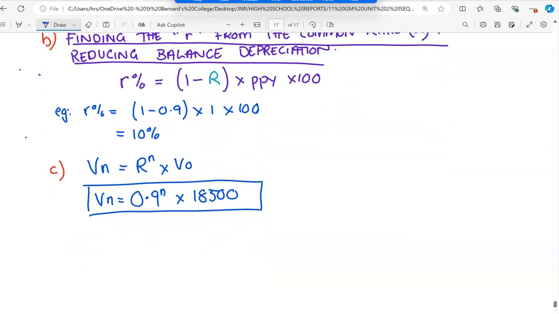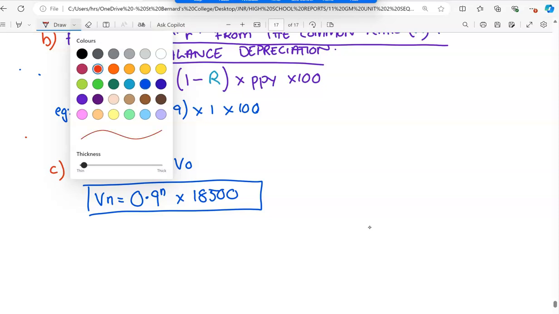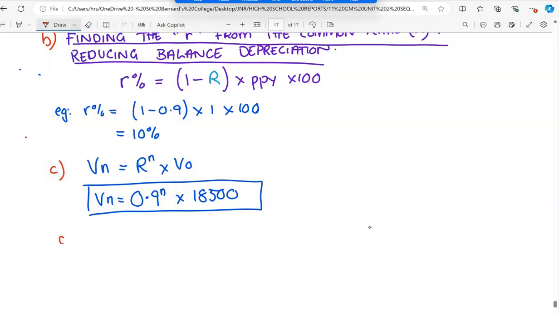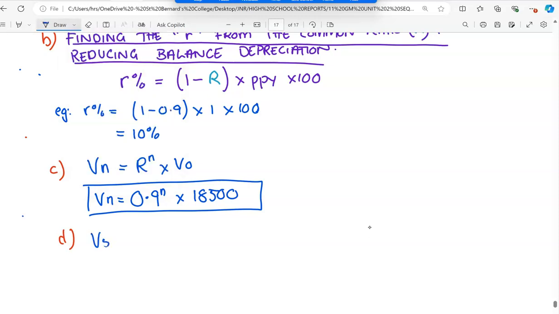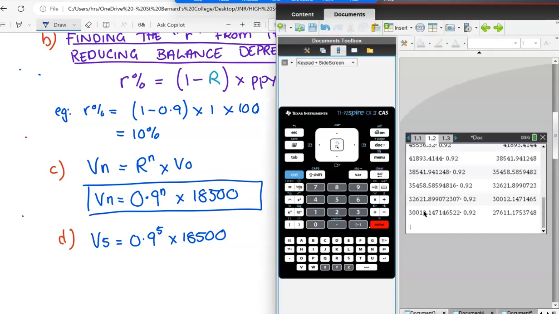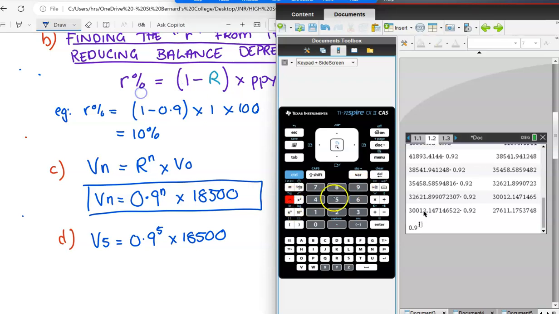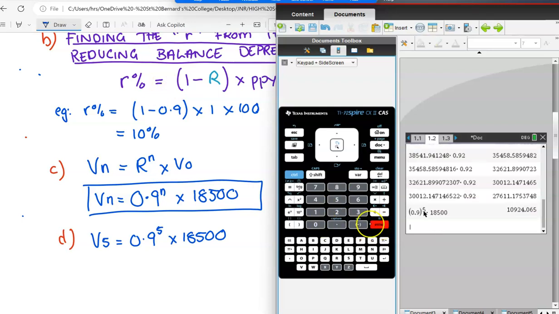Then it says use the rule to find V5. If I was finding V5, it would be 0.9 to the power of 5 times 18,500. So we can quickly do that on our calculator. I'm going to go 0.9 to the power of 5 times 18,500. Enter.